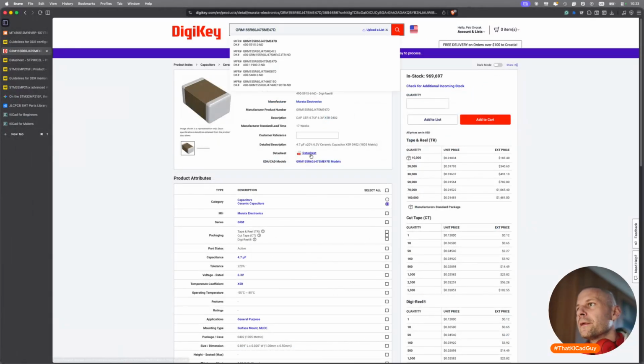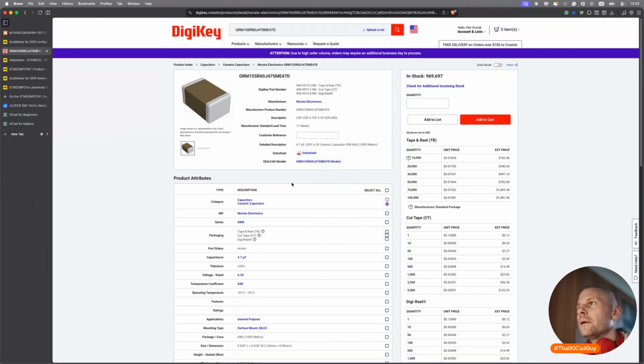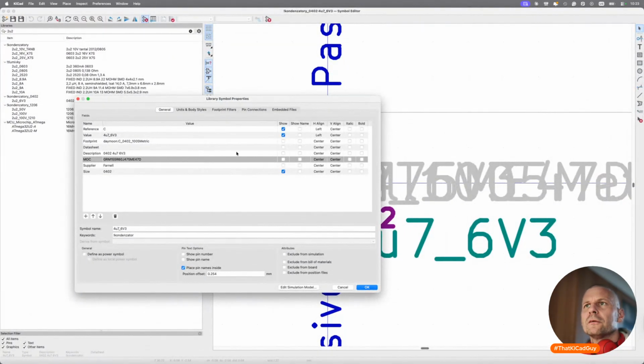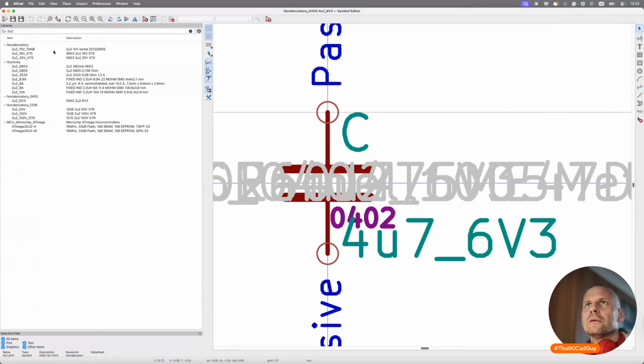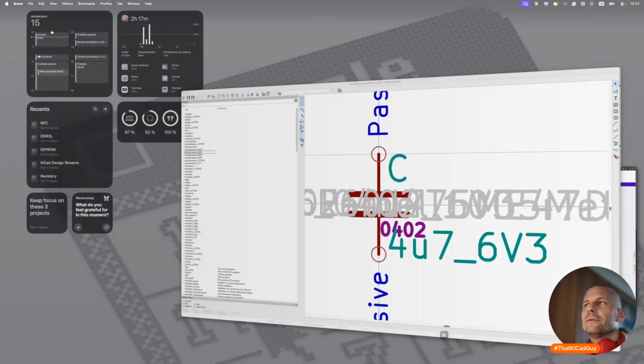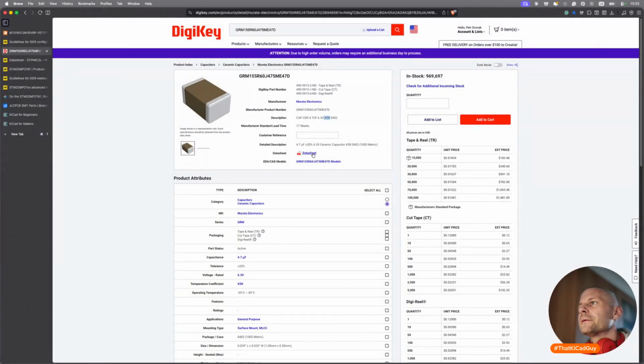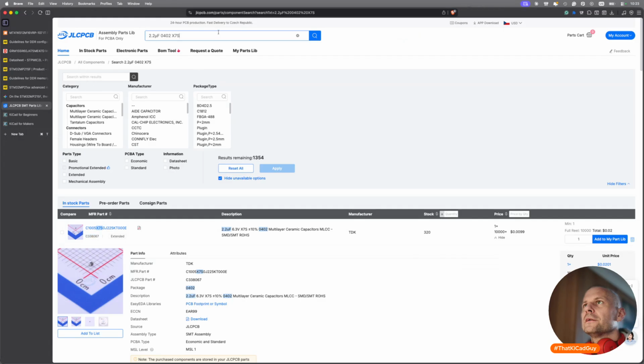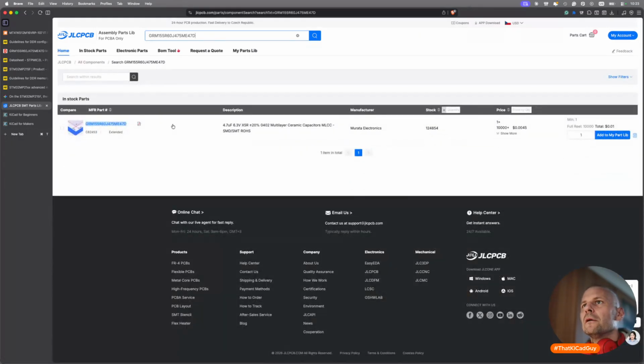Yeah, that's the one. Data sheet. But I said something about X7S. Was I wrong? It was the 4 micro 7. Okay. So here is the data sheet. Here is the part number, and here is the GLC code.